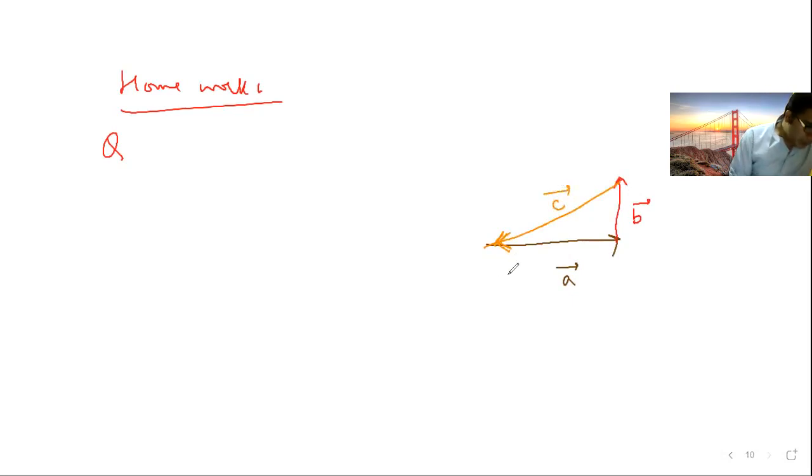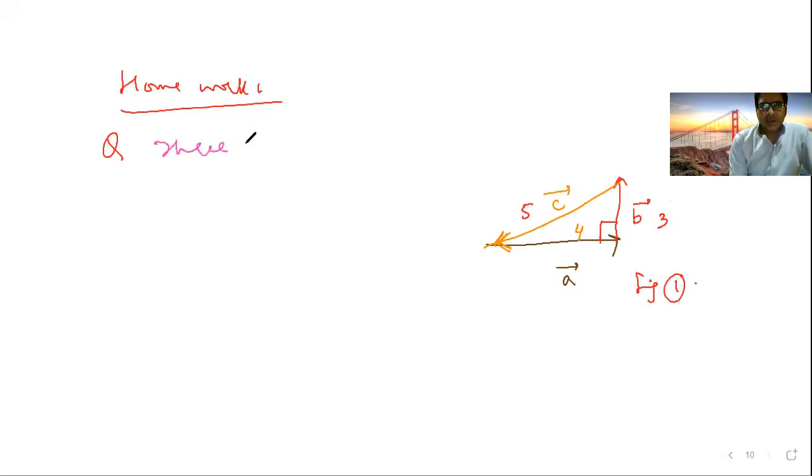Now the length of A vector is 4. Length of B vector is 3 units. And length of C vector is 5 units. Here it is 90 degree. And this is figure 1. So question goes like this.